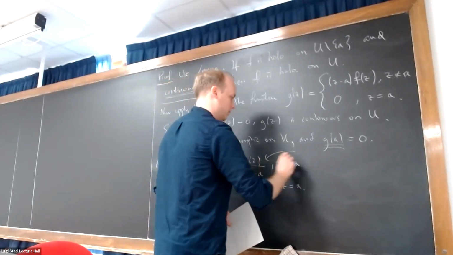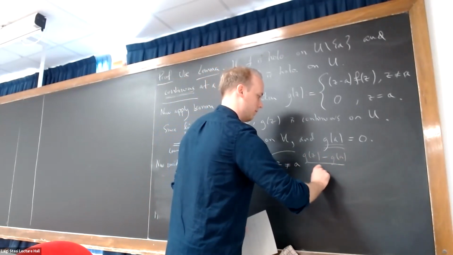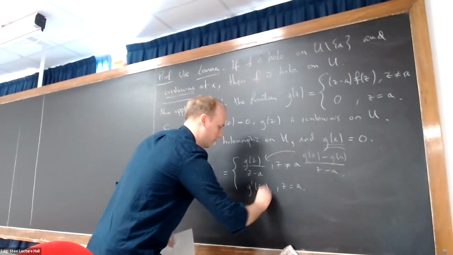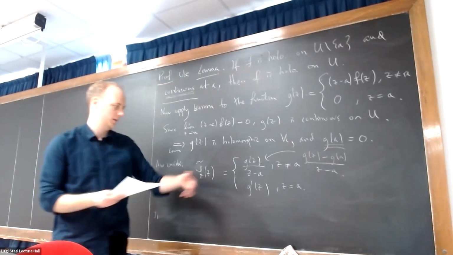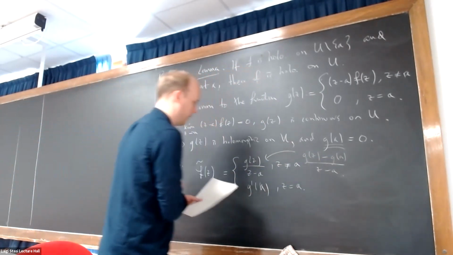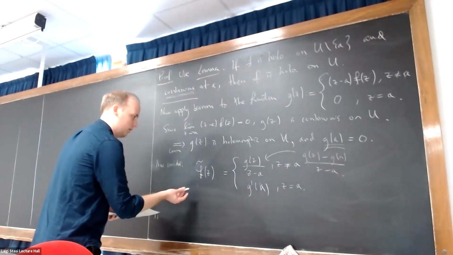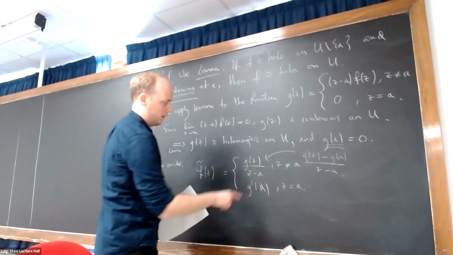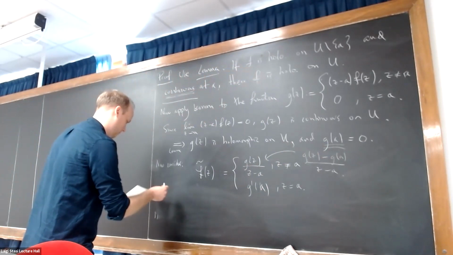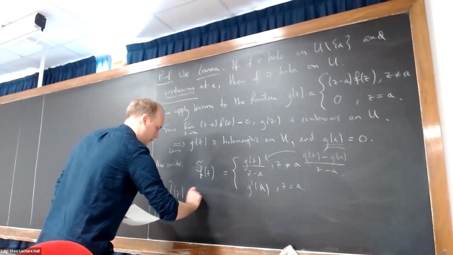So, let's see. And this is exactly why your answer was correct. What we should put is g prime of a when z is equal to a. So because of this remark here, f tilde of z is continuous.